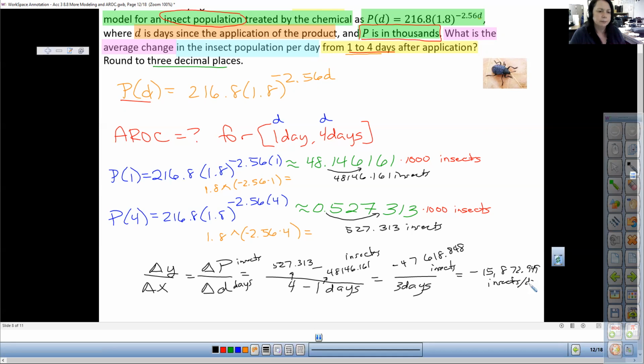So what the negative means is that there's an average decrease of this many insects per day. And so that kind of makes sense because we should realize we were dealing with a decay model. So we would expect the average rate of change here to be a decrease.